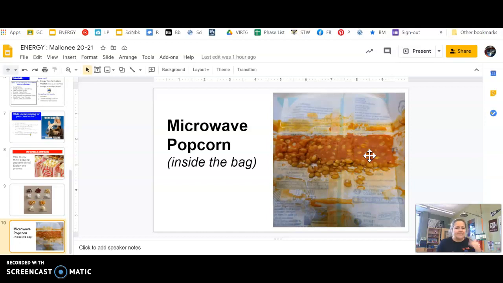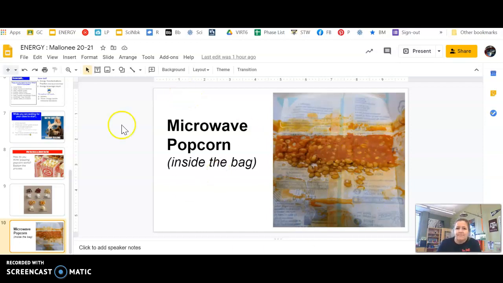But at the beginning, it's like nothing's happening, and then pop, pop. So the microwaves produced by the machine are what make this happen. And like we talked about before, the microwaves make the stuff inside, that's either water, sugar, or fat, get excited. And the video, how does popcorn pop, will explain that to you.